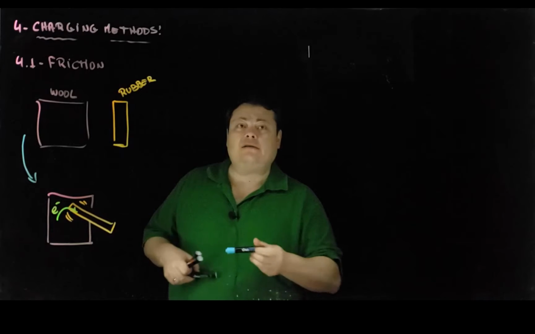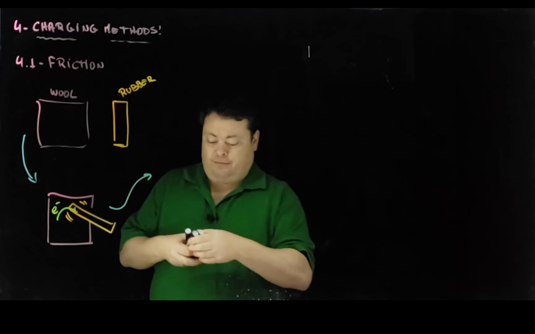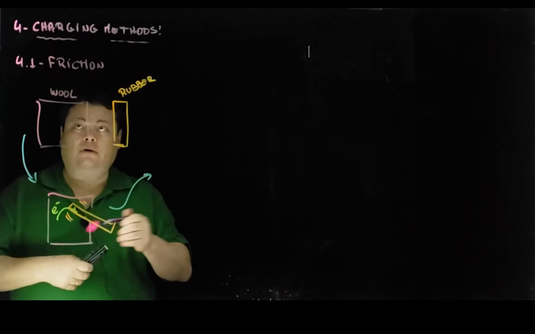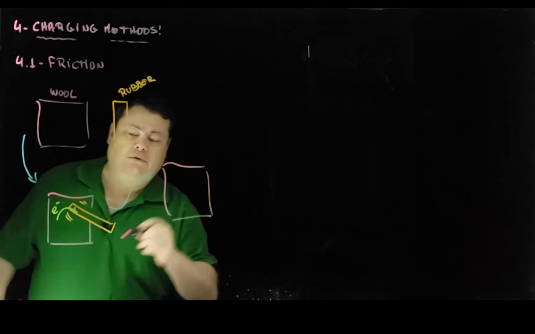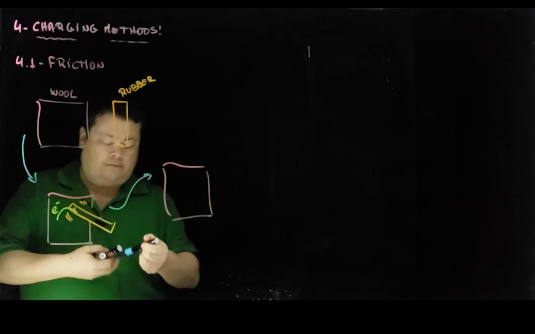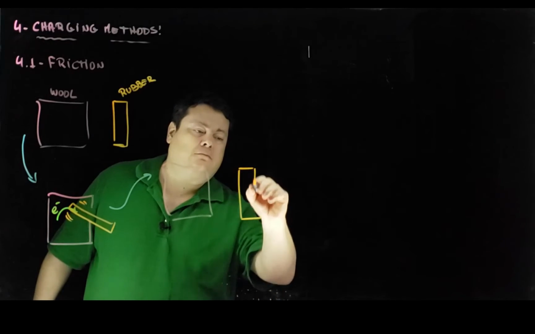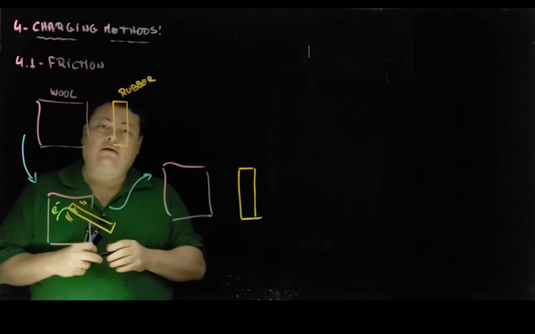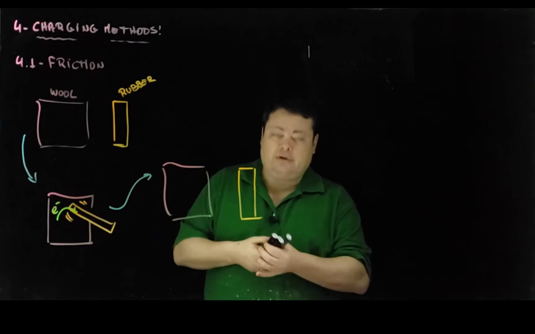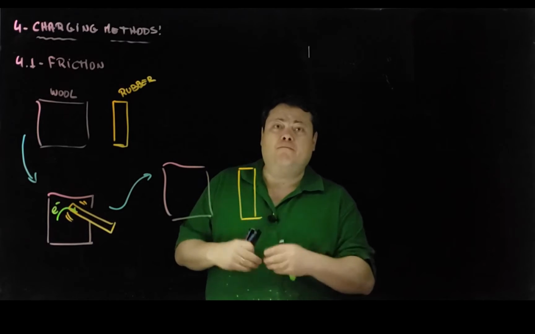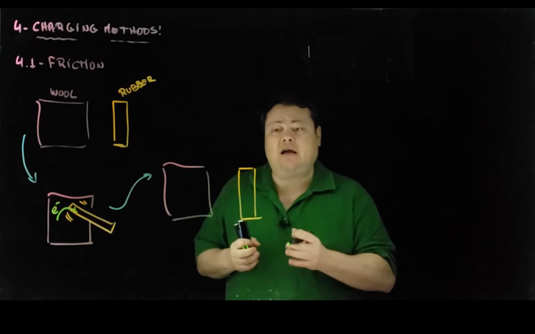And then my step number 3, basically, is going to be to separate the wool and then the rod. And now that the rod has received electrons from the wool, it's going to have more electrons than protons, and therefore it's going to have a net negative charge.